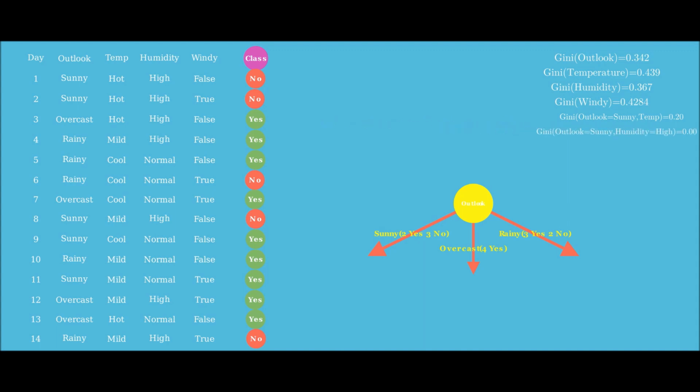Now see that for humidity normal, outlook sunny is already given. There are two values which are yes. Again see that the Gini index would be 0 because all classes are of the same type, which are yes.